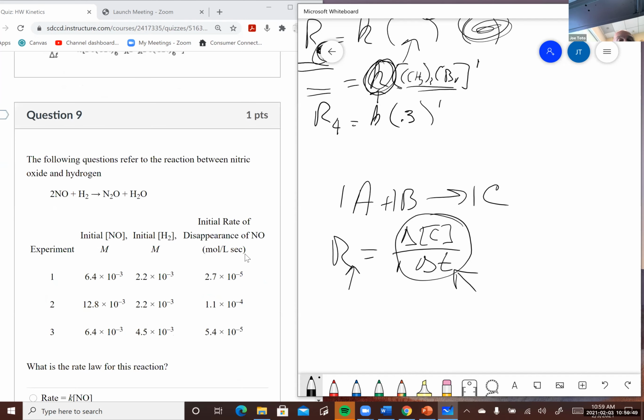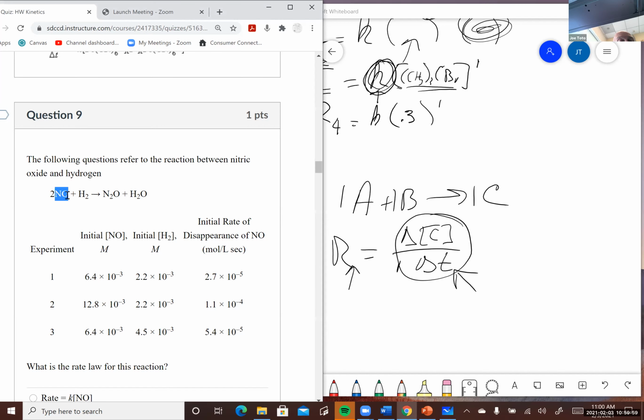This one, again, look at this. This time they give you the rate of disappearance. So you're going to have to use that equation that we were talking about and its stoichiometric coefficient up here to make another column for this problem for the rate of reaction, because this rate needs to be divided by 2 to equal the rate of the reaction.